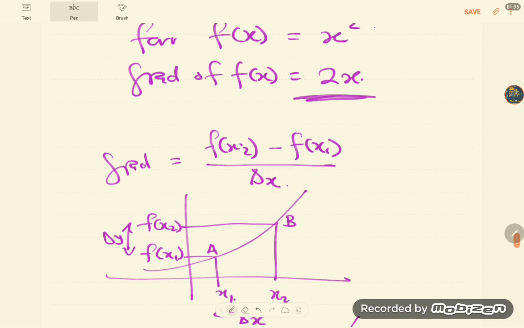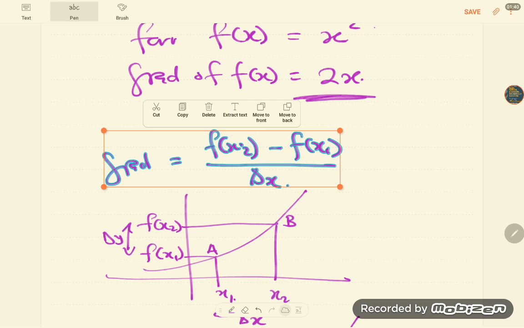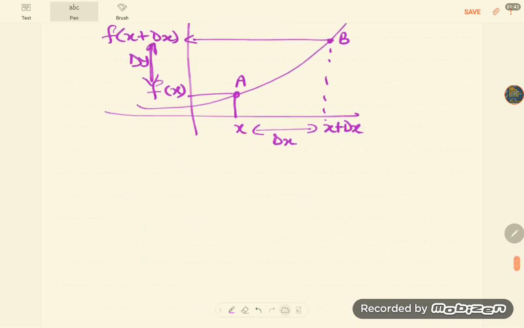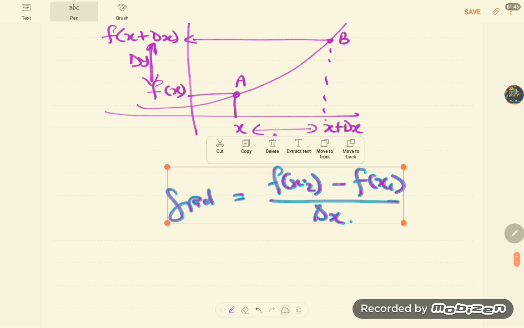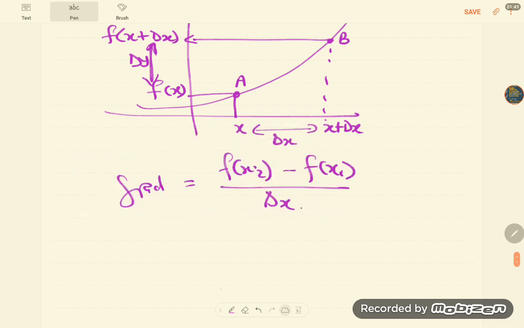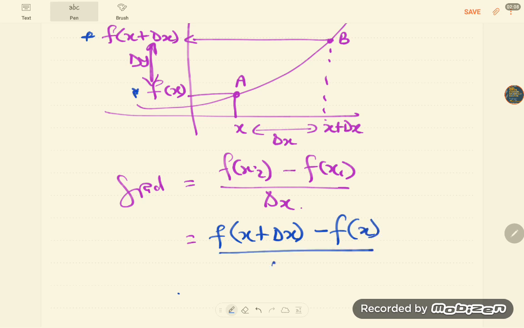And from our formula, let me just grab it here. Using this graph, we'll then end up with our f2, use a different color, being this one, which is f of x plus delta x minus f of x1 over, still the difference between the two is delta x, because x plus delta x minus x is still delta x.